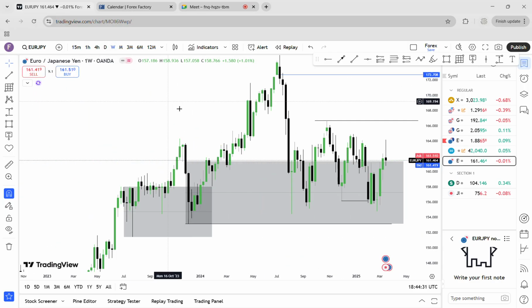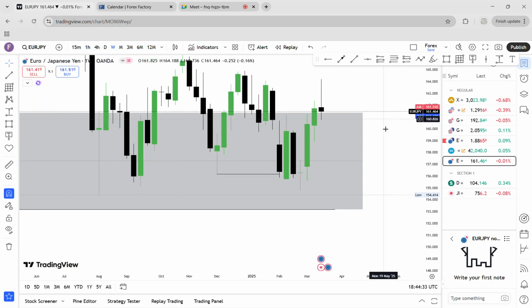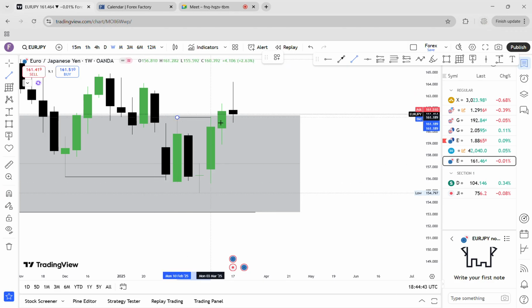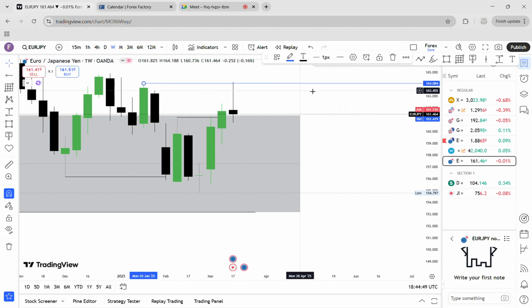Again, you go to the weekly time frame. Now we want to look at the structure. We have this high and this low, right? And we have a pullback into this area, then price breaks this area and now takes liquidity above this high, right?